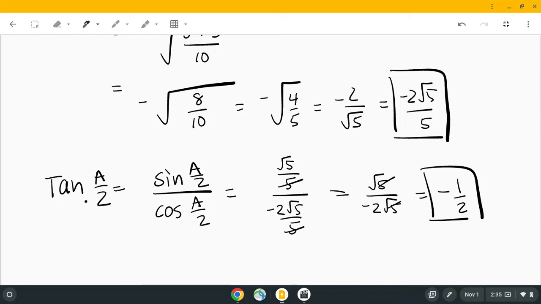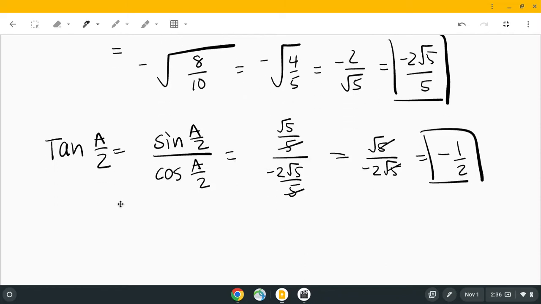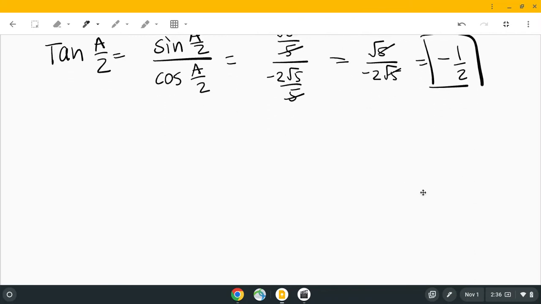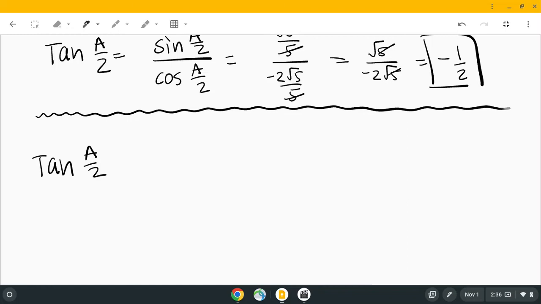So here we used the fact that tangent is sine over cosine, but tangent of a half angle actually has its own formula. So let's go ahead and write down tangent's formula, tangent of A over 2. This is kind of the end of that example. We actually have two formulas to choose from.